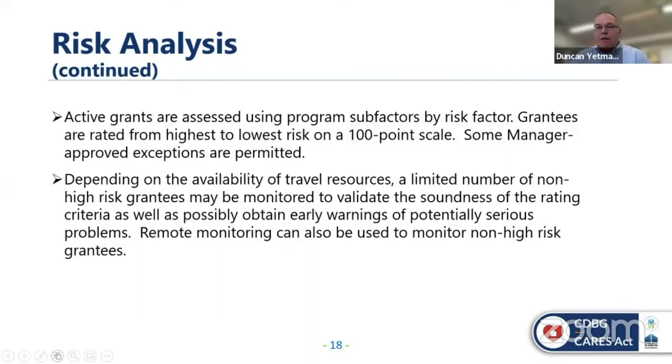That is subject to the discretion of the CPD manager in your particular field office. But please note that whether we do on-site or remote monitoring, you can use remote monitoring, for instance, also to monitor non-high-risk grantees.